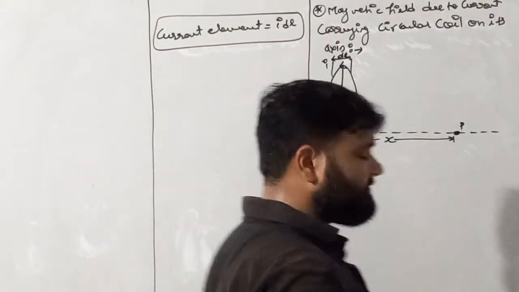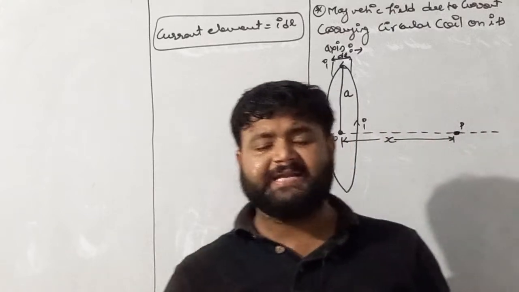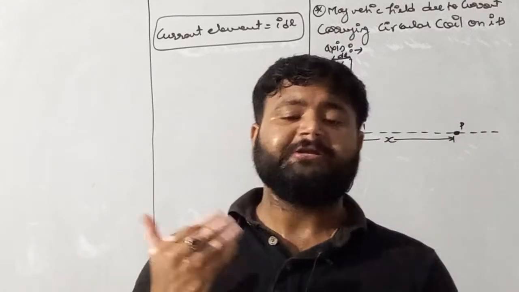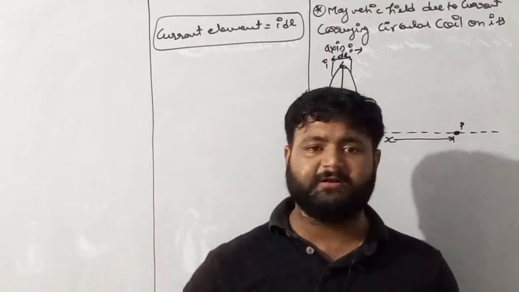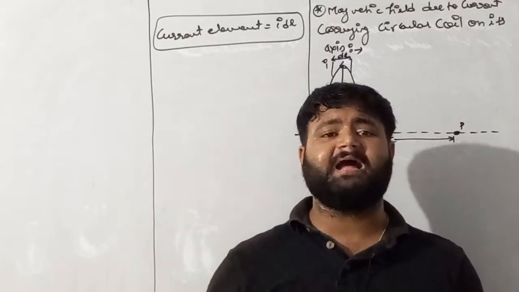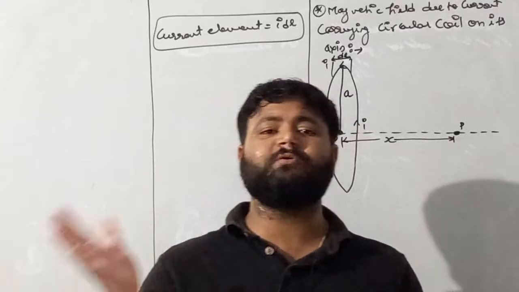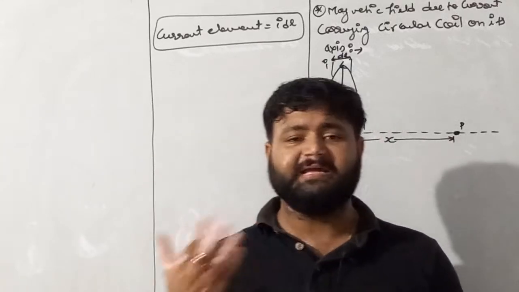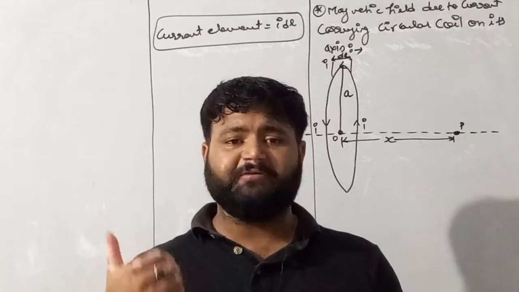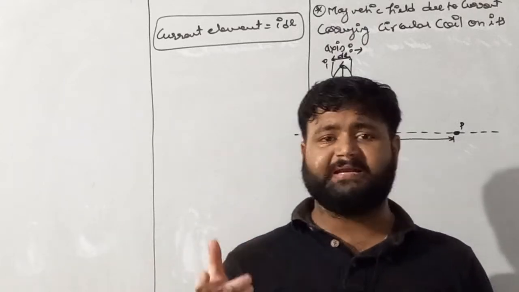Now see, as we all know, the direction of magnetic field due to a current carrying circular loop is found by the right hand screw rule, in which we curl our right hand fingers in the direction of current and we get the direction of magnetic field.